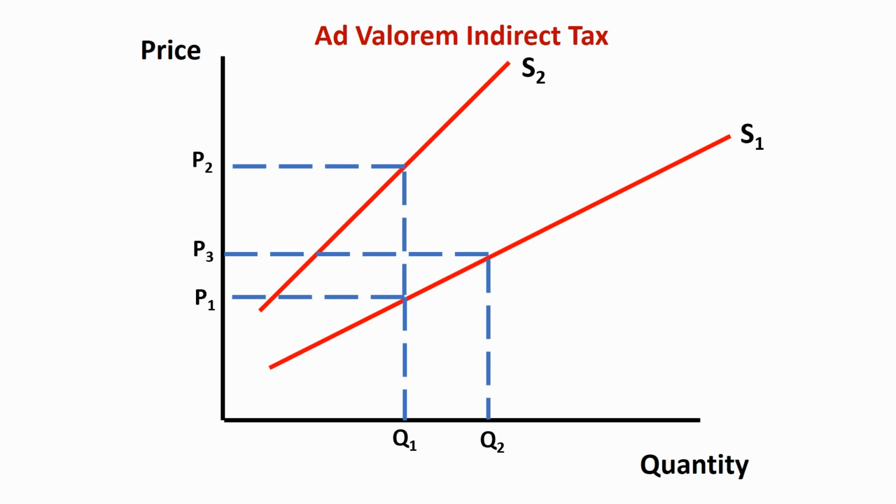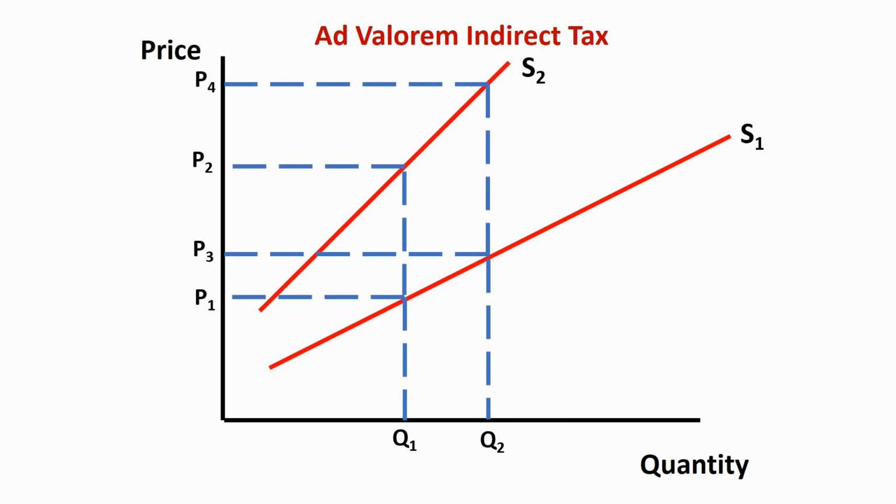However, with this ad valorem indirect tax of 20%, the incidence of tax levied on each unit of the good at P3 is going to be a greater amount. 20% of a higher price will be a higher amount than at P1, which means that for firms to continue supplying Q2 to the market, the price is going to have to rise all the way up to P4.